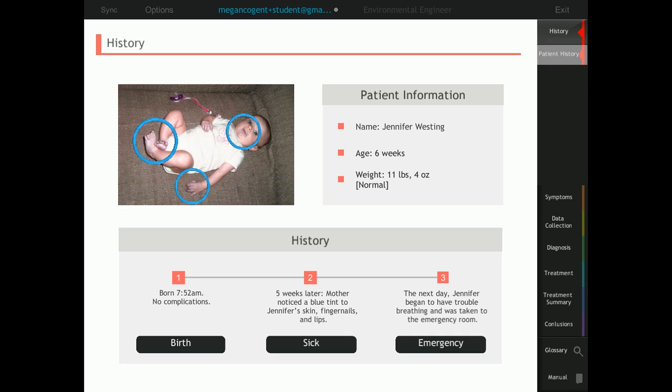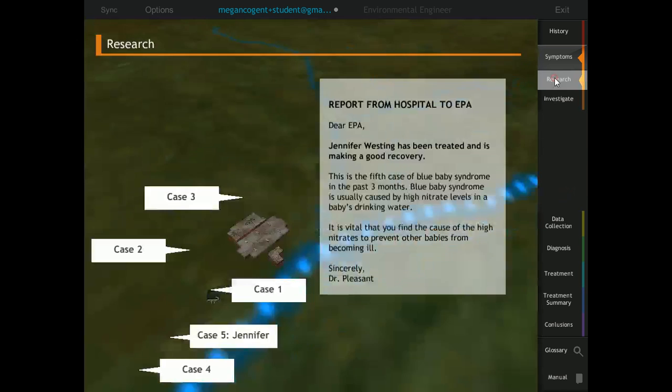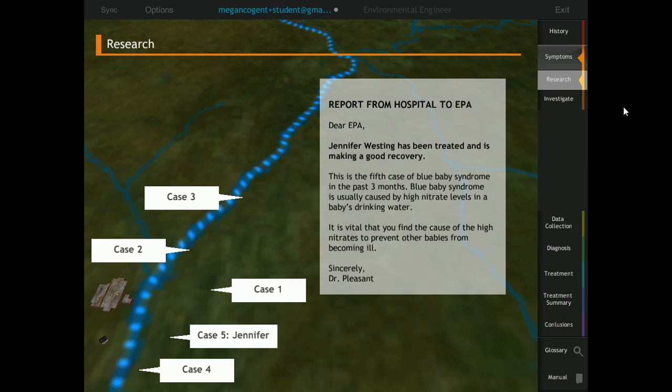So in this case, we are looking at a patient named Jennifer Westing. She's a cute little baby who has been experiencing some weird symptoms. So we're going to take a look at what those are. You are playing the role of an EPA engineer, and they have found that Jennifer, along with other babies in this area, are experiencing blue baby syndrome, and that is usually caused by high nitrate levels in drinking water.